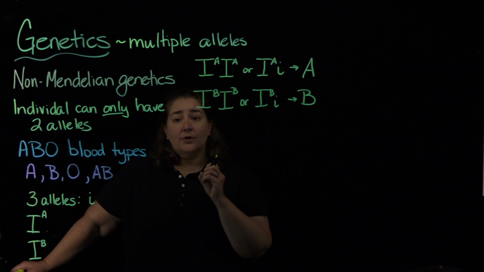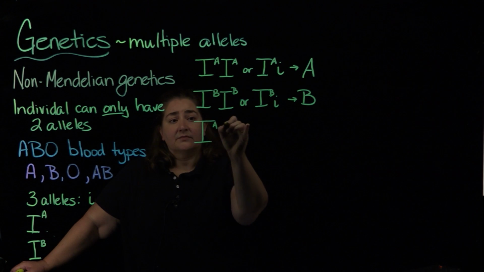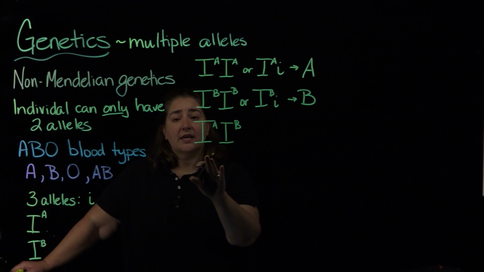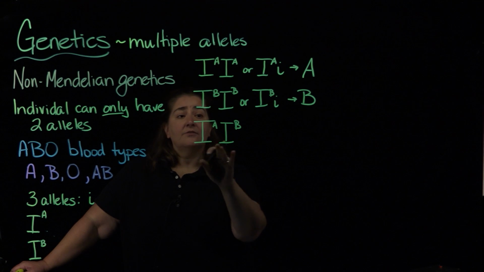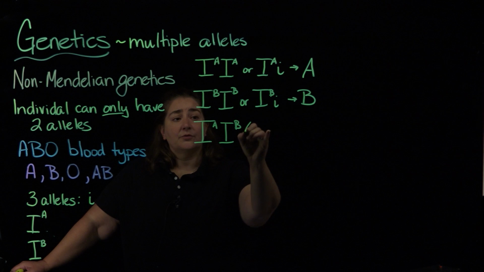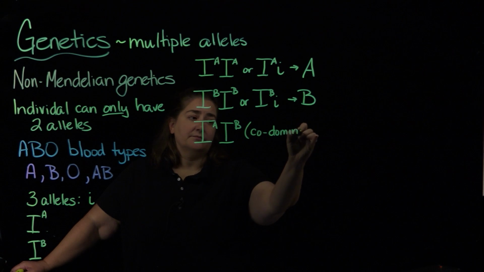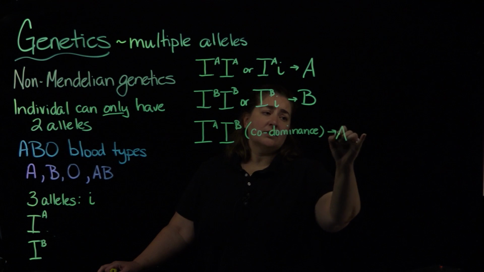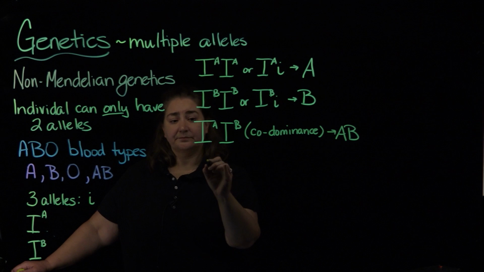Now this is the part where we get into some of the non-Mendelian genetics, when we talk about if an individual is heterozygous for both dominant alleles, okay? If the individual is heterozygous for both dominant alleles, this is an example of codominance, meaning these two alleles are expressed equally, and this is going to give rise to individuals who have type AB blood, all right?